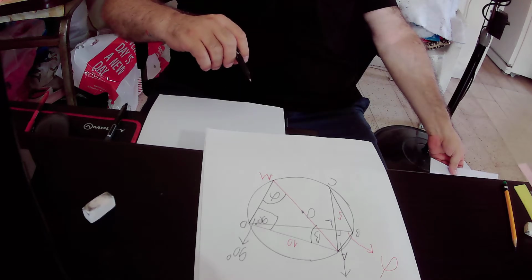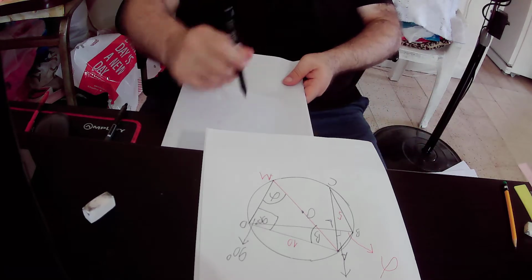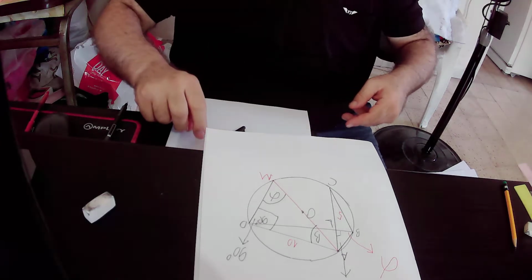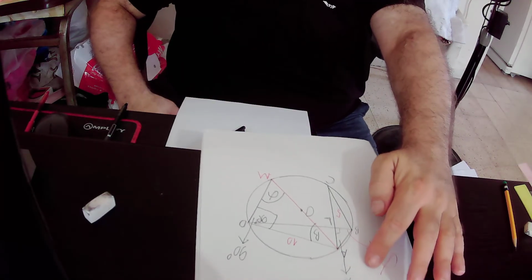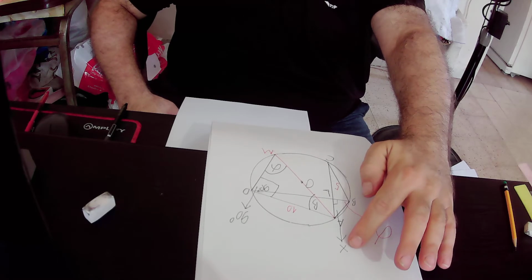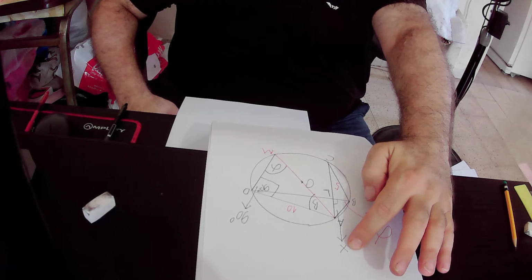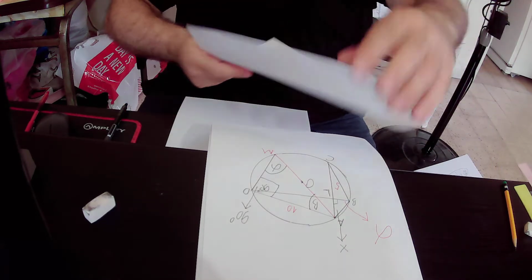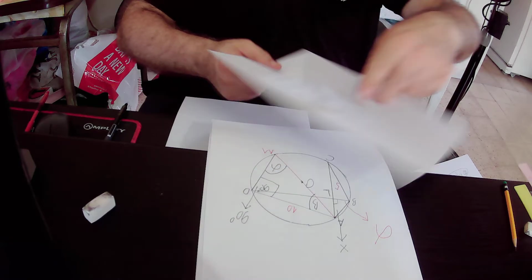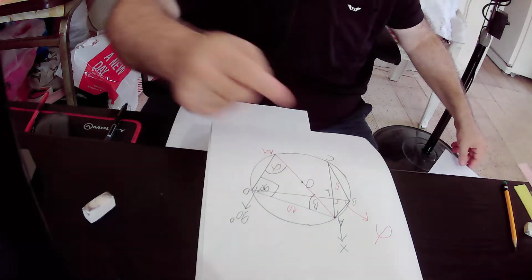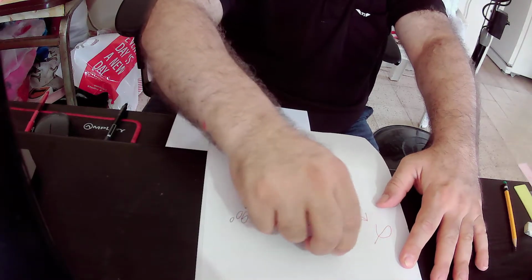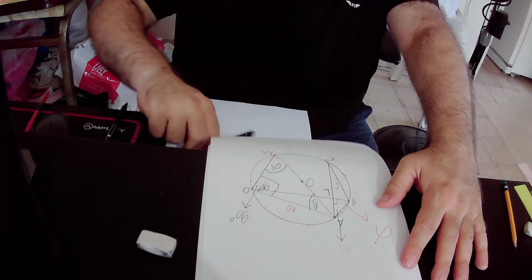So we can substitute angle x by beta, because angle x equals beta.